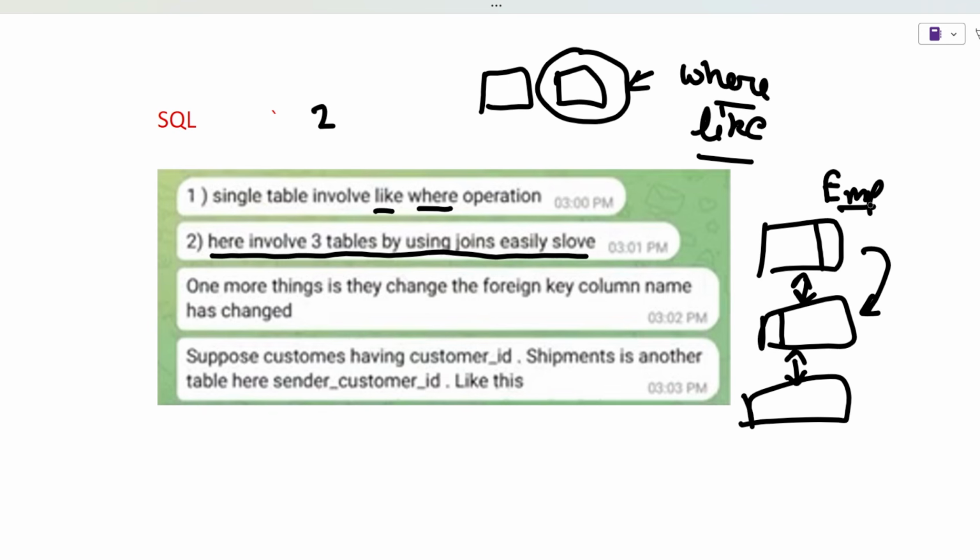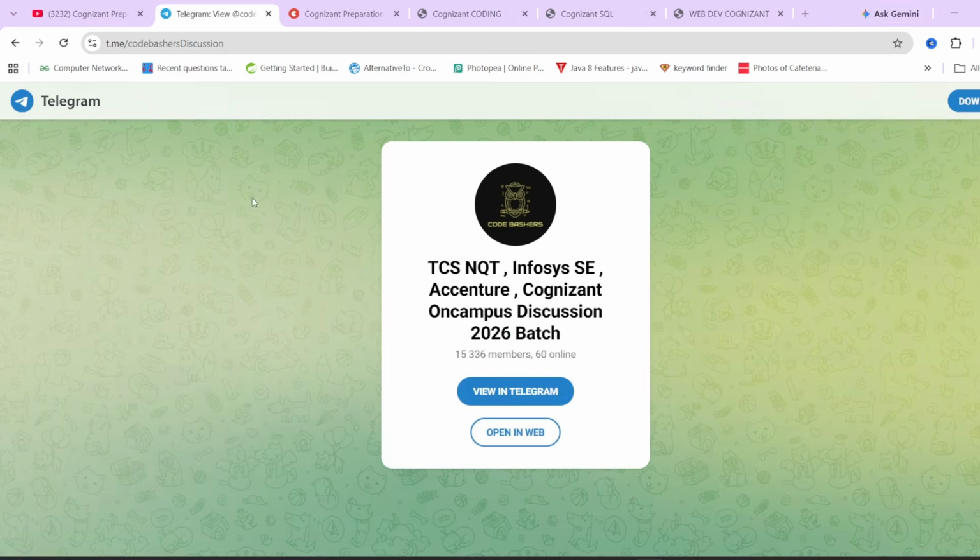But it is possible that the name of the primary key here is employee ID and the foreign key column name here is, say, person ID. It is quite possible like this. Everything will be given in the question, so you will have to read each and everything in detail. I hope now the SQL questions are clear to you. One will be a normal query and one will be a join-based query. All previously asked questions I have already discussed under this playlist.